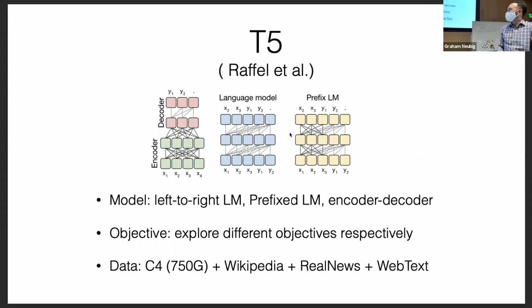And then finally, T5. T5 is essentially an encoder-decoder model. One thing about the T5 paper is it presents a pretty extensive exploration of different aspects of pre-training these sorts of models. So the paper is quite good, and I'd recommend it.